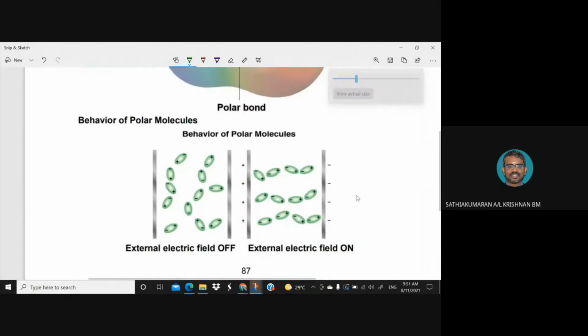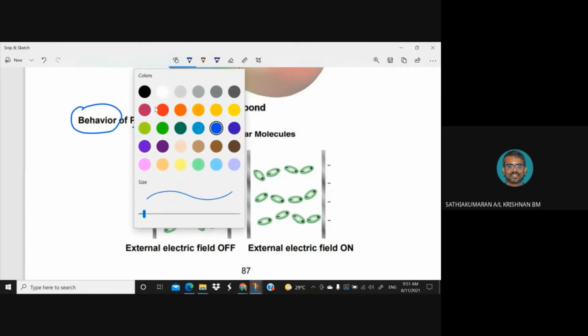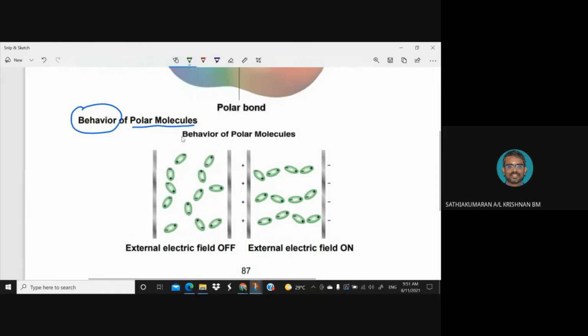Okay. What is the behavior of a polar molecule? Just now we already studied how to identify a polar molecule. What is the characteristic of a polar molecule in an electric field? Let's say I have an electric field here, a positive plate and a negative plate.